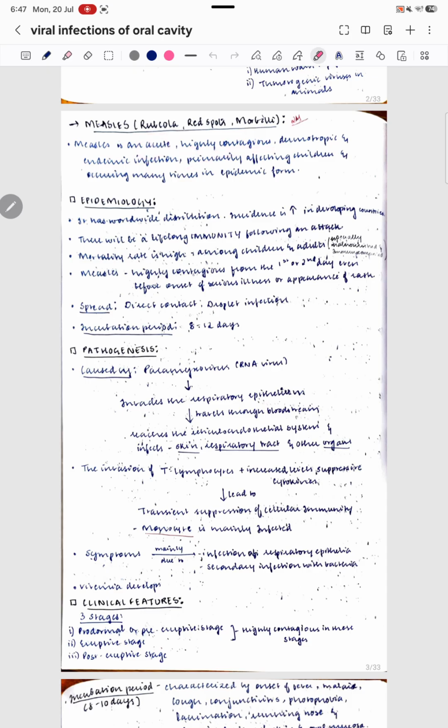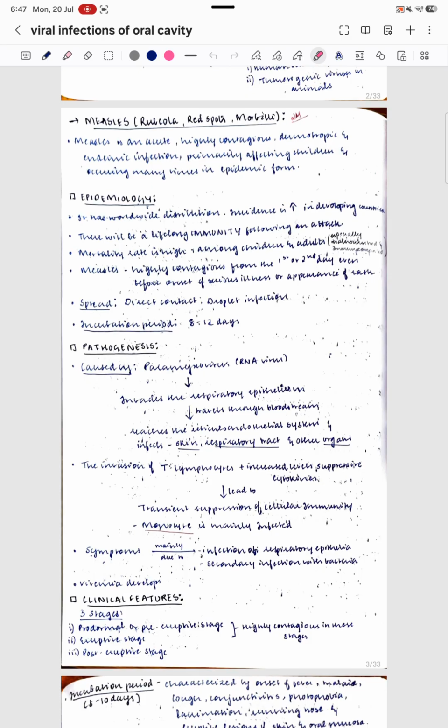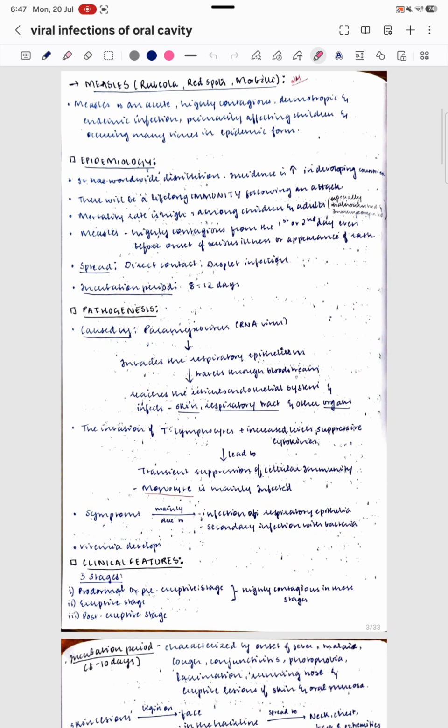It is also endemic, primarily affecting children, and many times occurs in epidemic form. Coming to the epidemiology, it has a worldwide distribution, and incidence is increasing in developing countries.